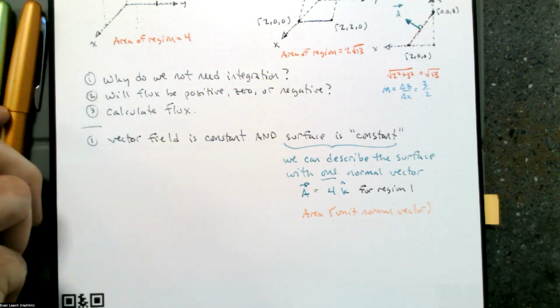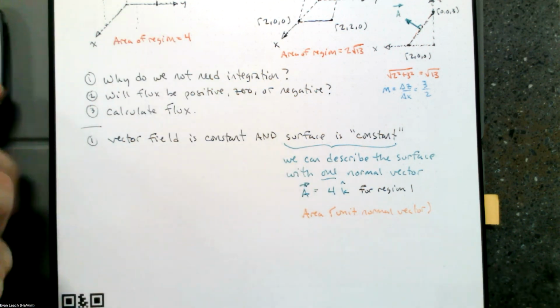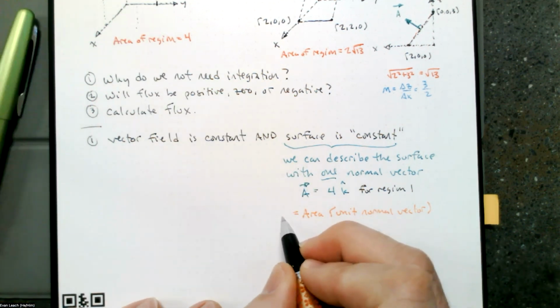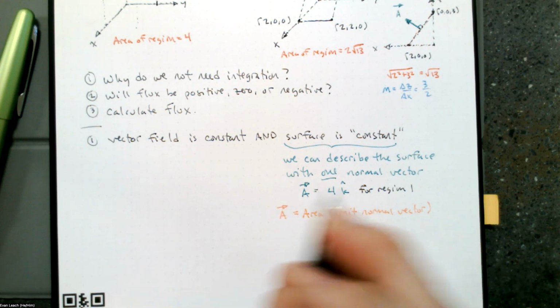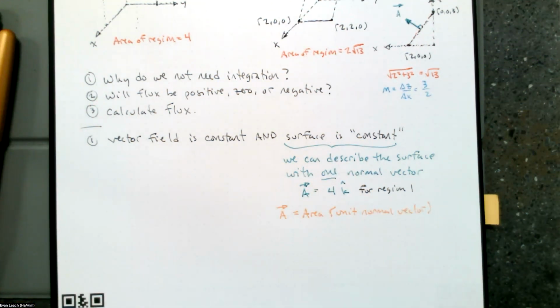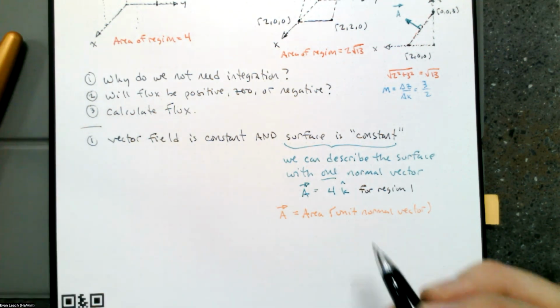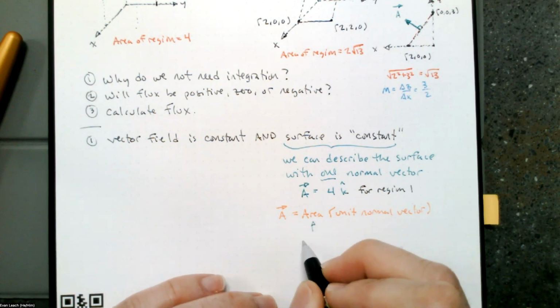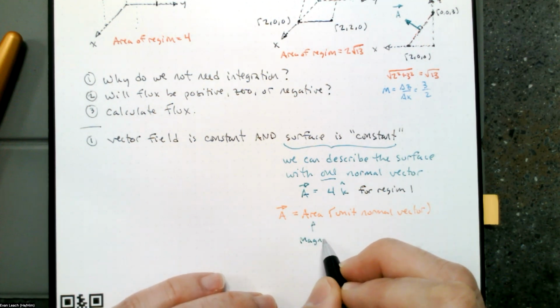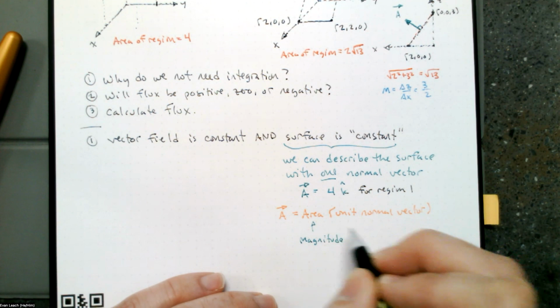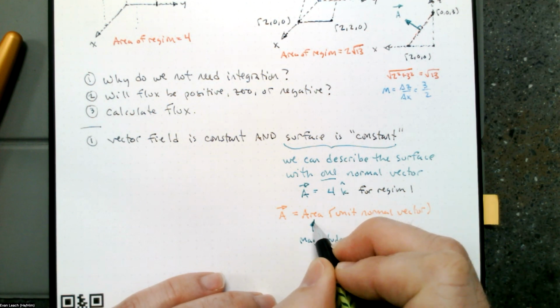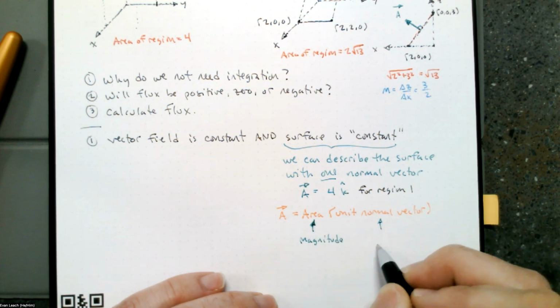So the parts we want for the area vector: we're going to take the area as the magnitude and a unit normal vector for direction. Area is the magnitude, and a unit normal vector is the direction.